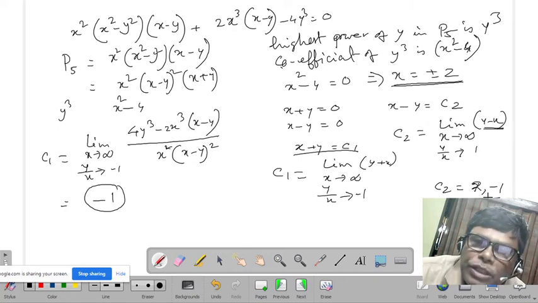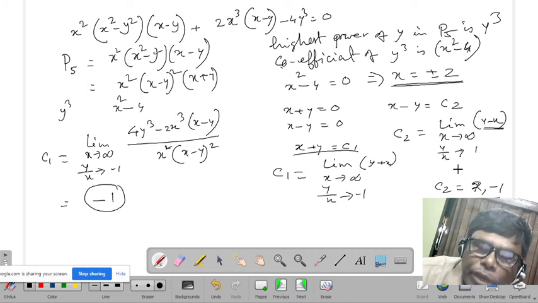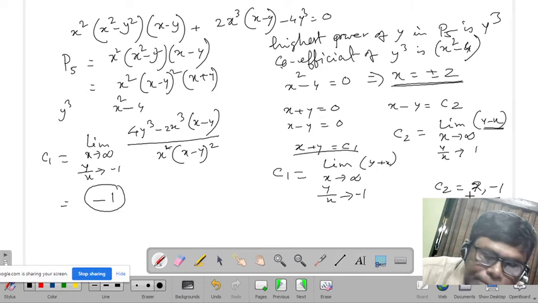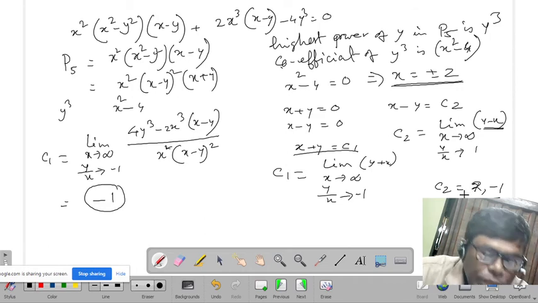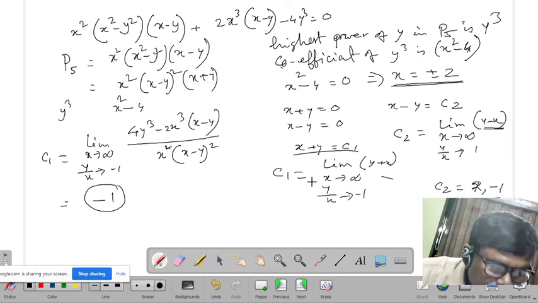So if you put y minus x from this equation and take this limit, you will get two values of c2. This is the first one and this is the second one.